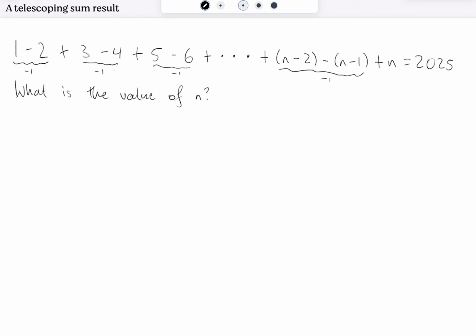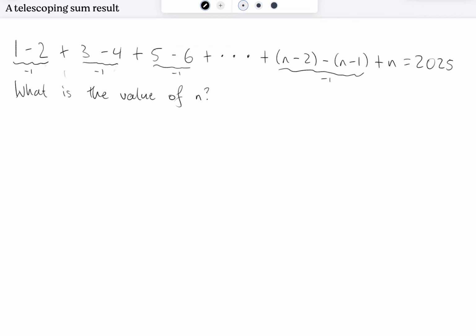So let's look at the even numbers. When we subtract 2, the sum at this point is negative 1. Once we subtract 4, the sum at that point is negative 2. When we subtract 6, the sum at that point is negative 3.